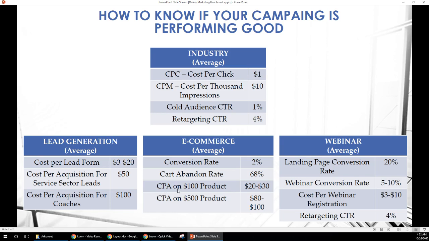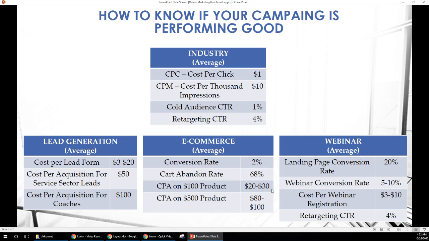Cost per acquisition on a $100 product is $20 to $30. And that ratio that I was talking about, 2 to 1, here it actually becomes 3 to 1 because we spend, let's say, $30 to sell a $100 product. We're making $70 profit.